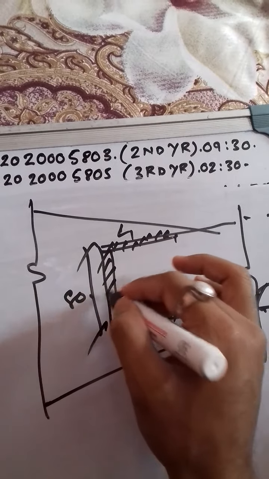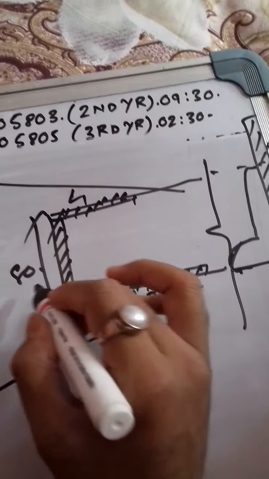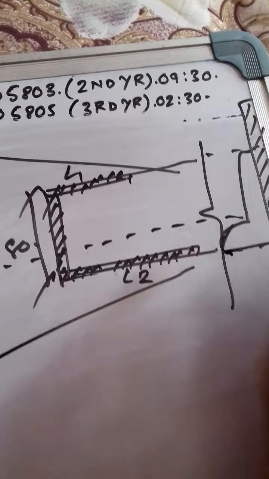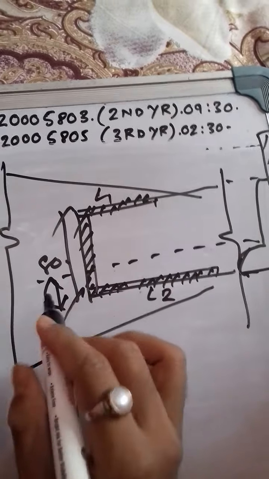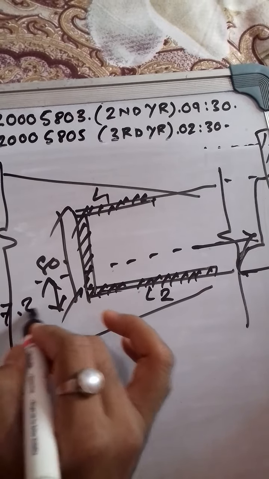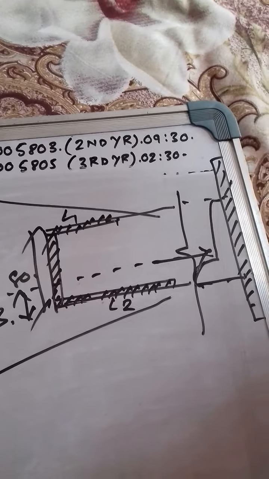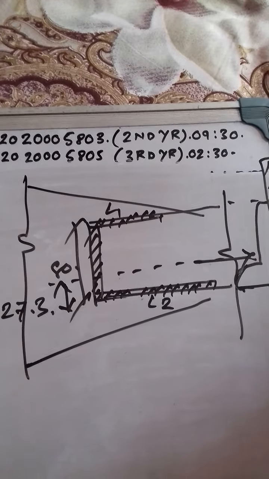And we know that the distance from the lower end of the member to the resultant force is equal to 27.3. So let us provide weld on the 3 sides as shown in this figure.